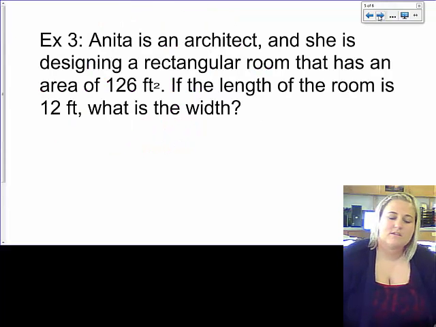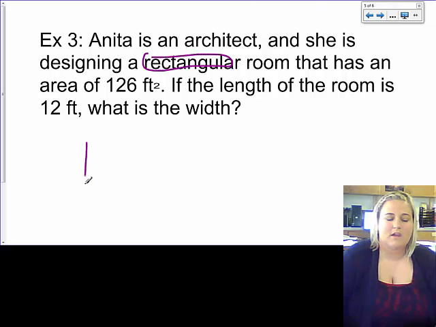Final example here says Anita is an architect and she is designing a rectangular room that has an area of 126 square feet. Find the length of the room. If the length of the room is 12 feet, what is the width? First of all, they say that we have a rectangle, right? A rectangular room. You should draw me a rectangle.